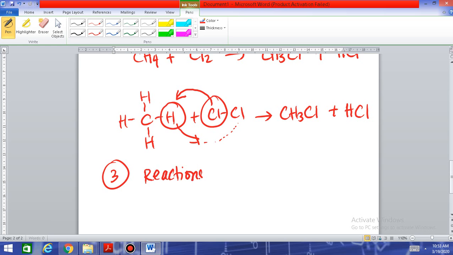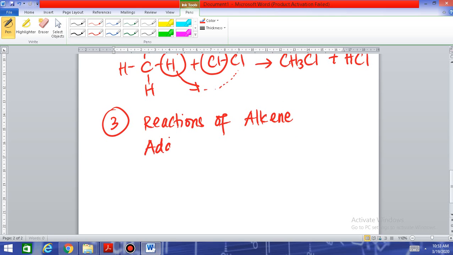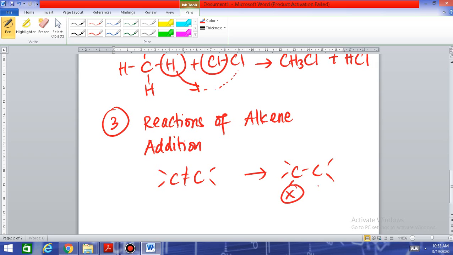Reactions of alkene. The type of reaction is addition. It means that the double bond is broken down into a single bond, and other atoms are added to carbon atoms to form a larger molecule.